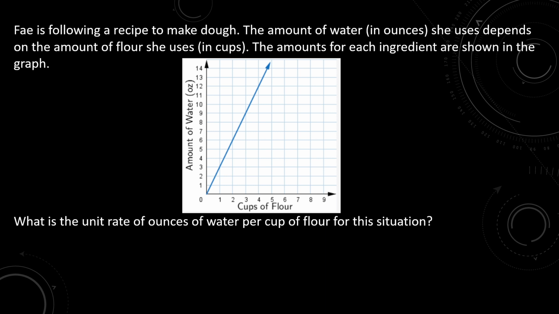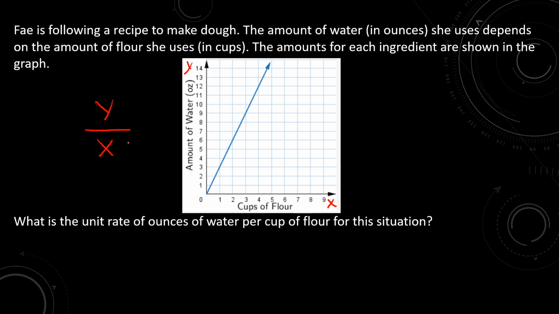Remember that for unit rates, we need to have a 1 in the denominator. And remember, our setup for writing rates is y over x. So when I look at my graph here, my x values are going to be on the bottom, and my y values are going to be going up and down.